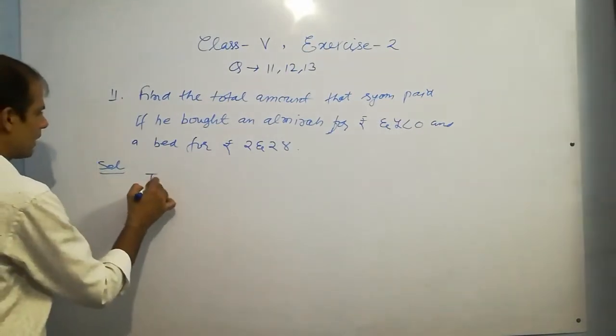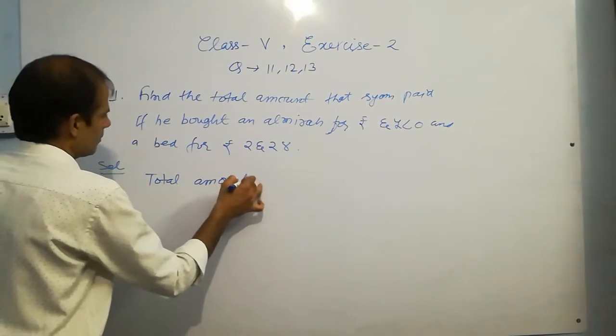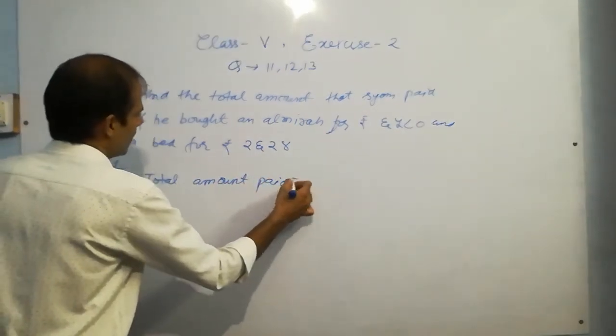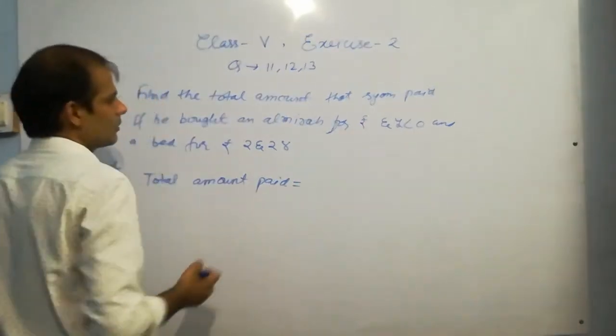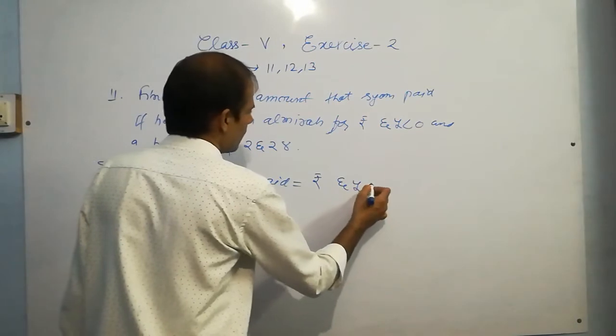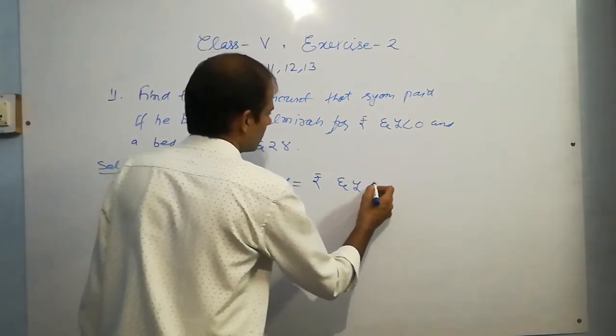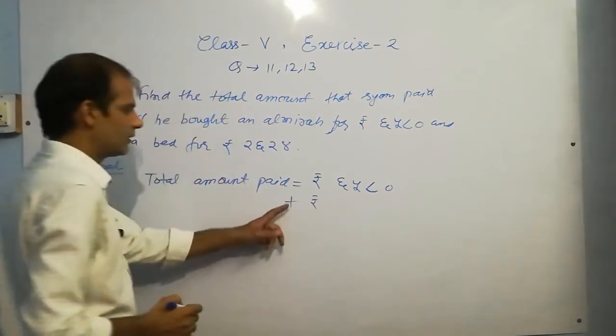Now you can write total amount paid equals, add both the values. So first value is rupees 6580 and you will perform addition.